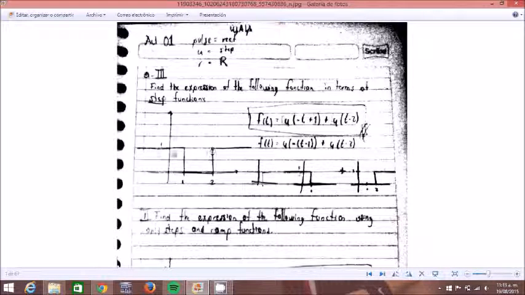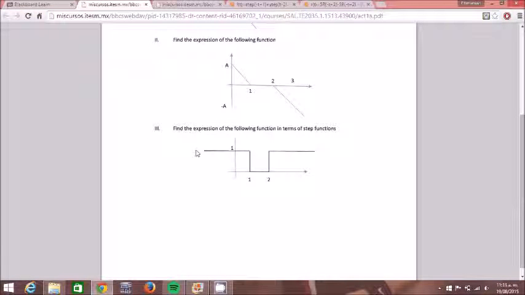So this is our graphic. It goes through the negatives and then it passes through 1 on the y-axis and then goes down through 0 and stops in 1, and then through 0 and stops in 2, and then goes up to 1 and then goes through the positives.